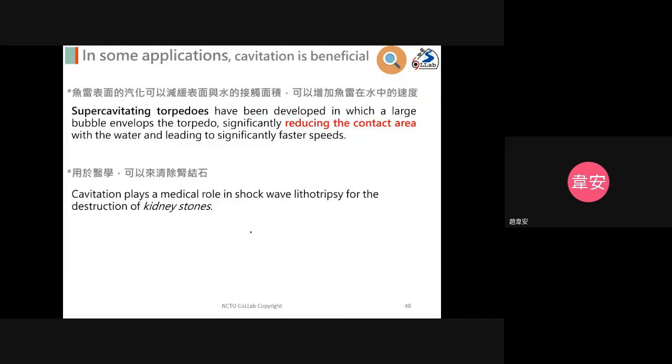But cavitation is not always a trouble. There are some advantages of cavitation. The one shown here is supercavitating operators, which have been developed in which a large bubble envelops the torpedo, significantly reducing the contact area with the water and leading to significantly faster speeds.